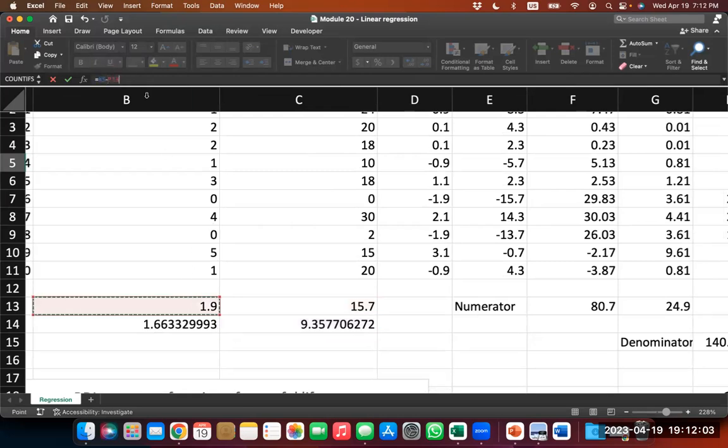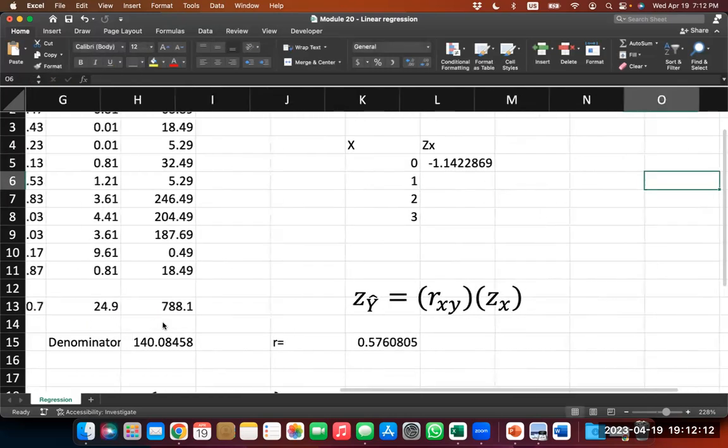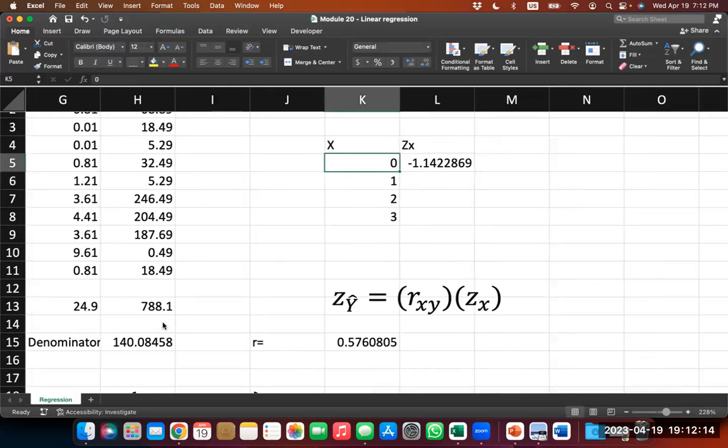So we're doing this in a bracket and we're dividing this by our standard deviation. It basically gives us a standardized x for x equals 0. So if we're standardizing x equals 0, we're getting minus 1.14.